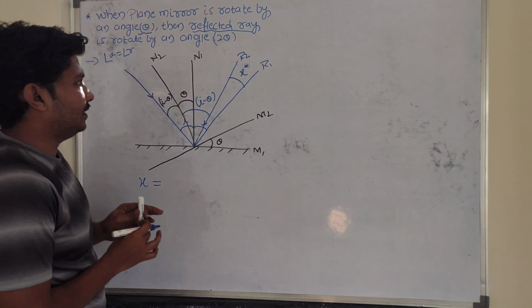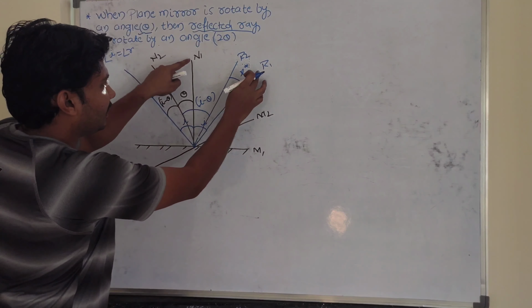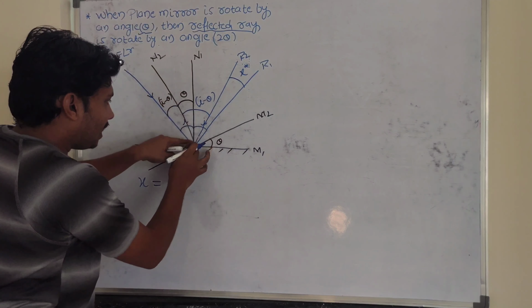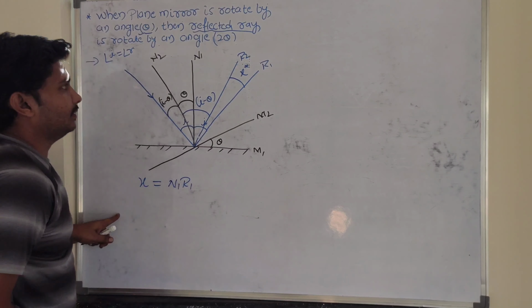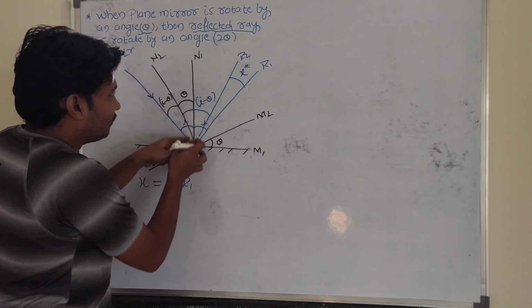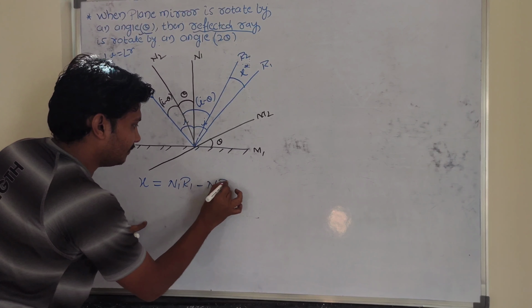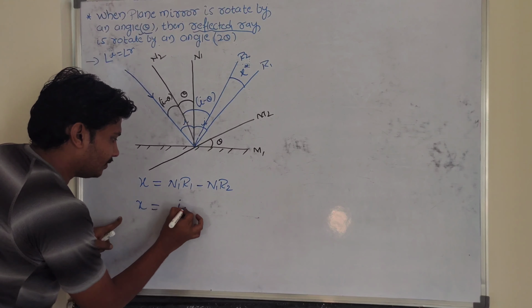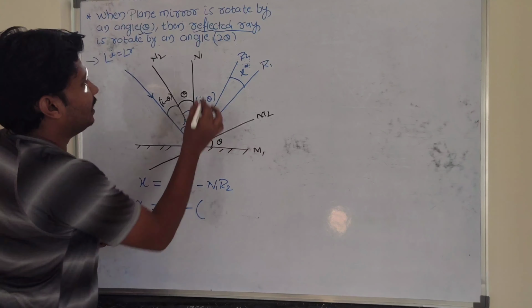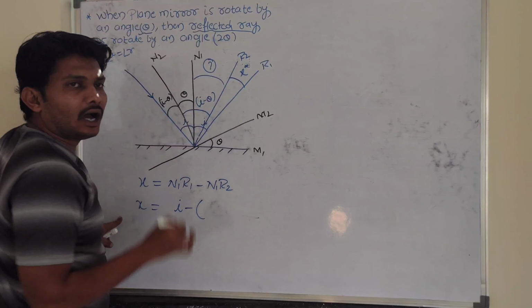So x is equivalent to, I don't know the angle between R1 and R2, but I know the angle between N1 and R1, that is I. N1R1 minus N1R2. What is the value of N1R1? That is I. Again, I don't know the angle between N1 and R2.